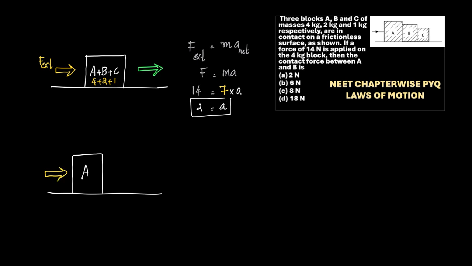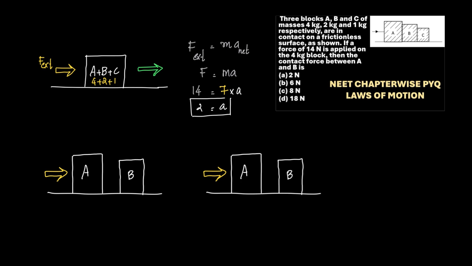When you push, A will come in contact with B. Most of the students get a confusion here regarding how to draw the normal reaction. We'll come to that. So this was the case earlier.